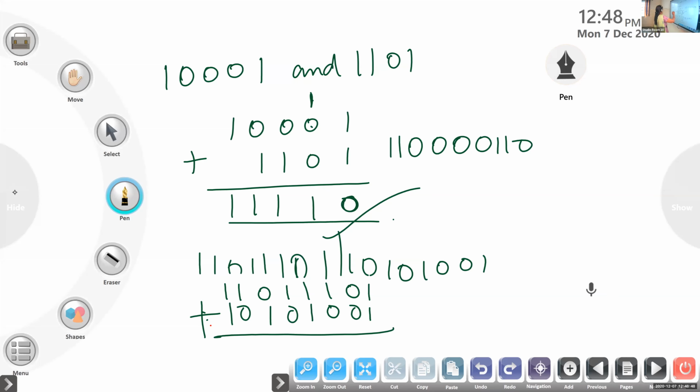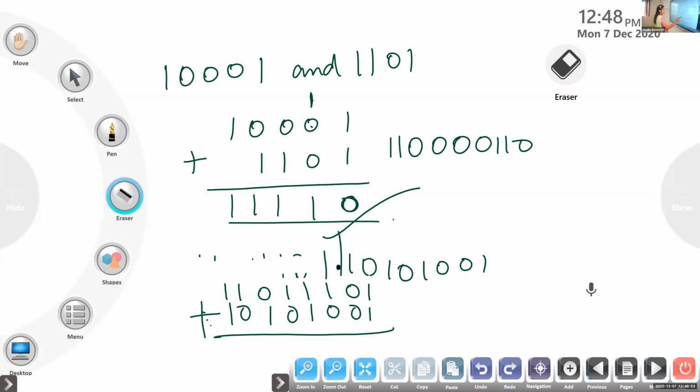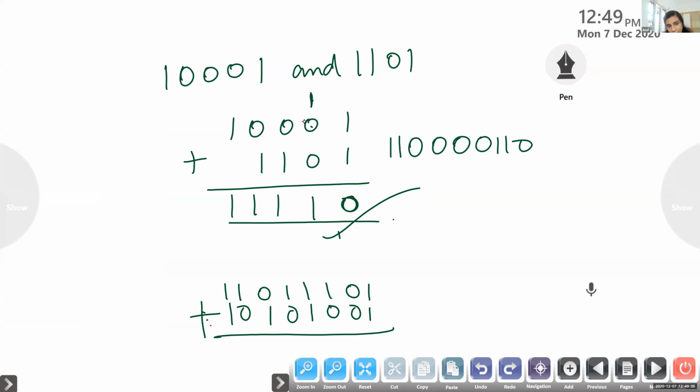Check it. So what is the mistake? I forgot to add 1. 1 plus 1, it is 0. So 1 is the carry over, isn't it? So again, you will get 1. 1 plus 1 is 0 with a carry over 1. 0, again carry over 1. 0 with carry over 1. 0 and carry over 1.